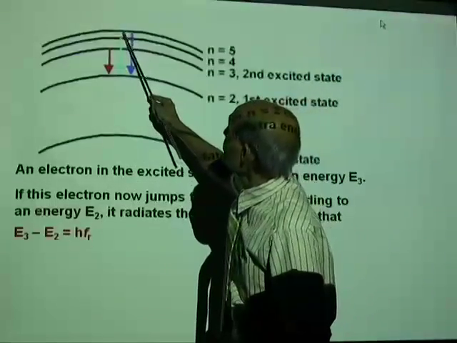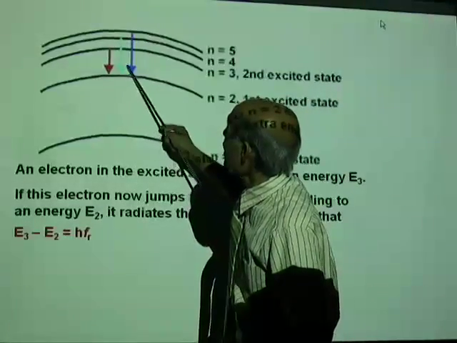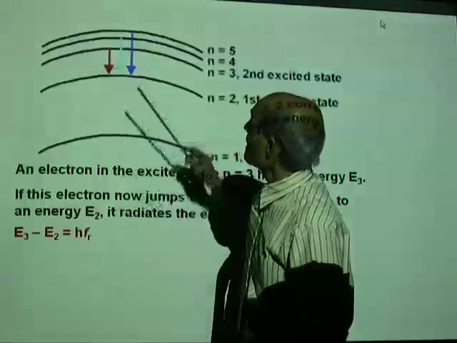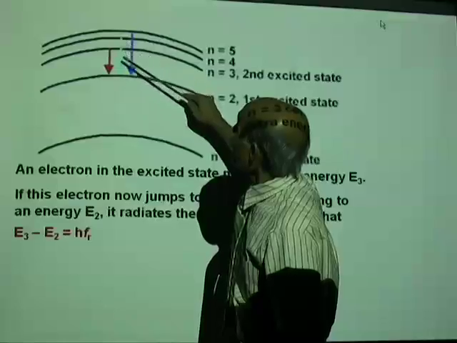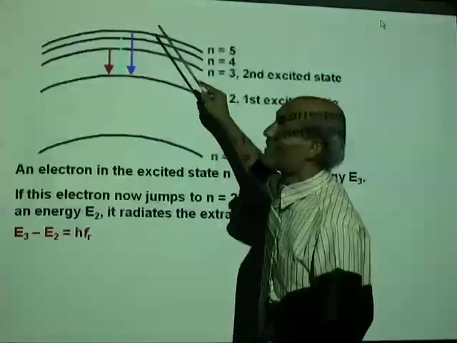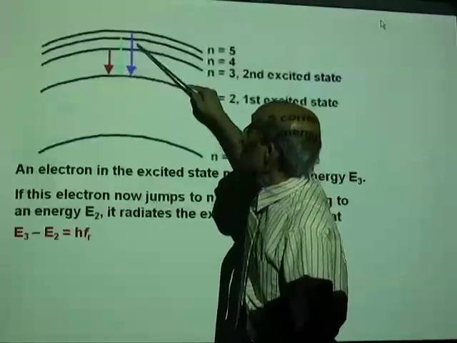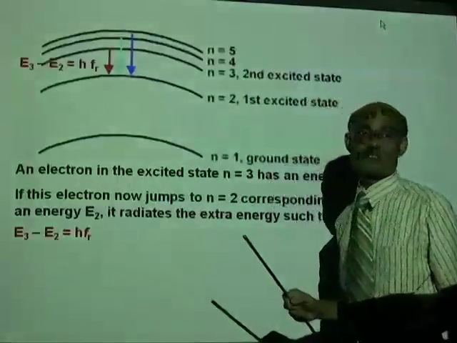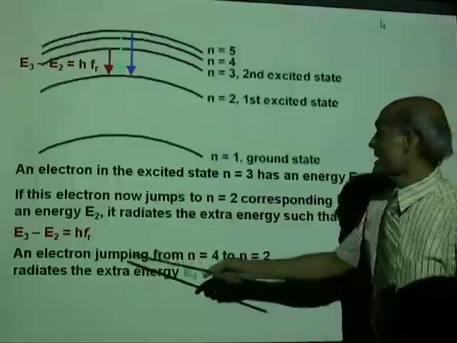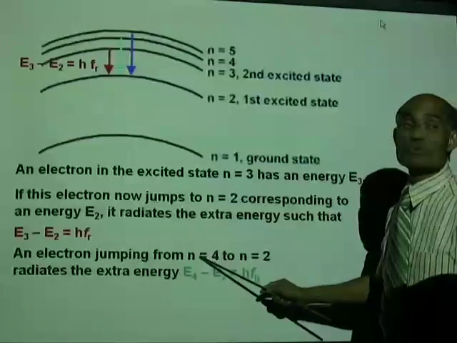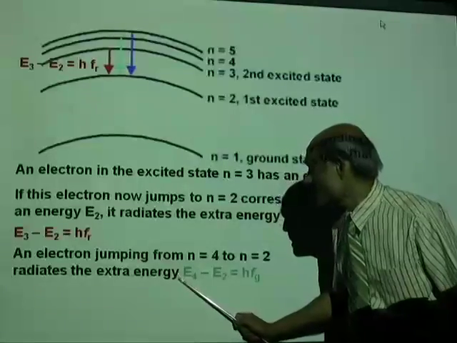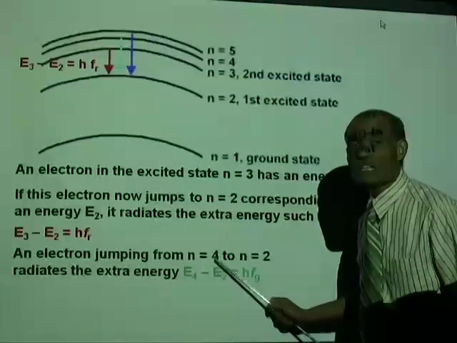In that case, what is the frequency of this color? Well, that is E4 minus E2. And the frequency of the blue color is E5 minus E2. And so on. So an electron jumping from n equal to 4 to n equal to 2 will radiate the extra energy E4 minus E2.